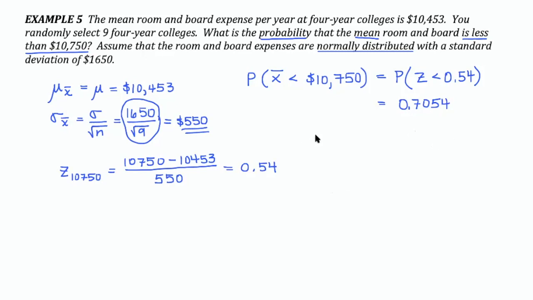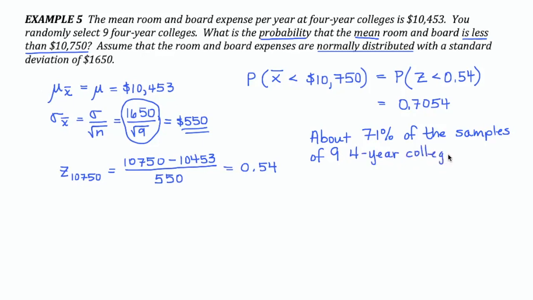So to put that in words and explain what that means, we would say about 71% of the samples of 9 four-year colleges will have a mean less than $10,750.